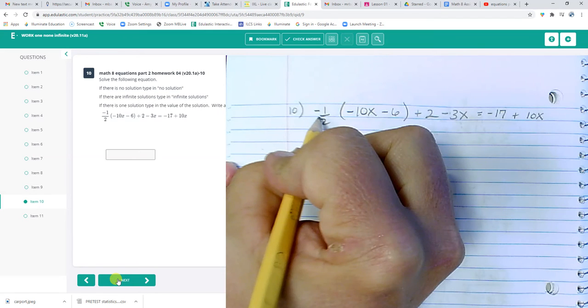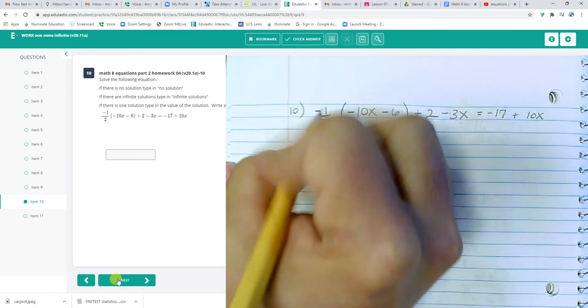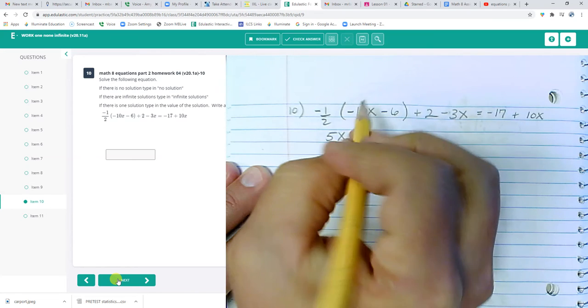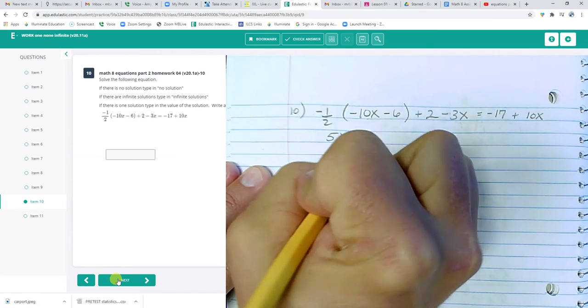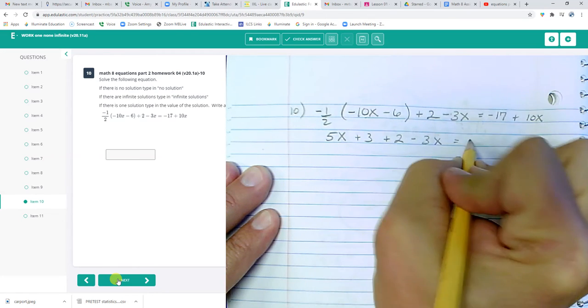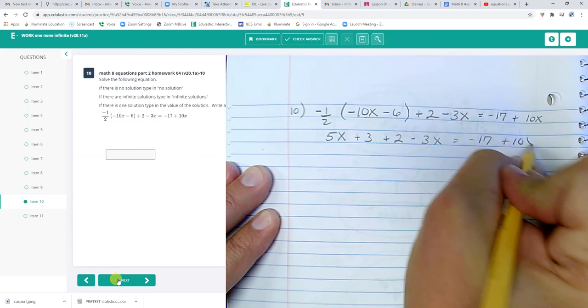Okay. Negative 1/2 of negative 10x, that's 5x, because a negative times a negative is a positive. Negative 1/2 of negative 6 is positive 3, plus 2 minus 3x equals negative 17 plus 10x.